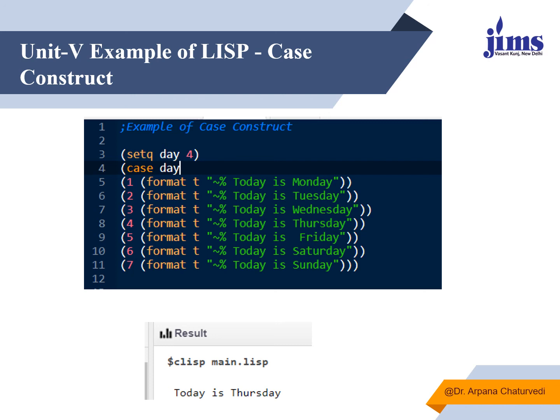If any one of them is true, then this format statement will give the formatted output, and the tilde percentage will take you to the new line. Today is Monday, Tuesday, Wednesday onwards. As it is 4, this statement will be true and it will print that today is Thursday. That's why it has printed today is Thursday. So this is your case construct.